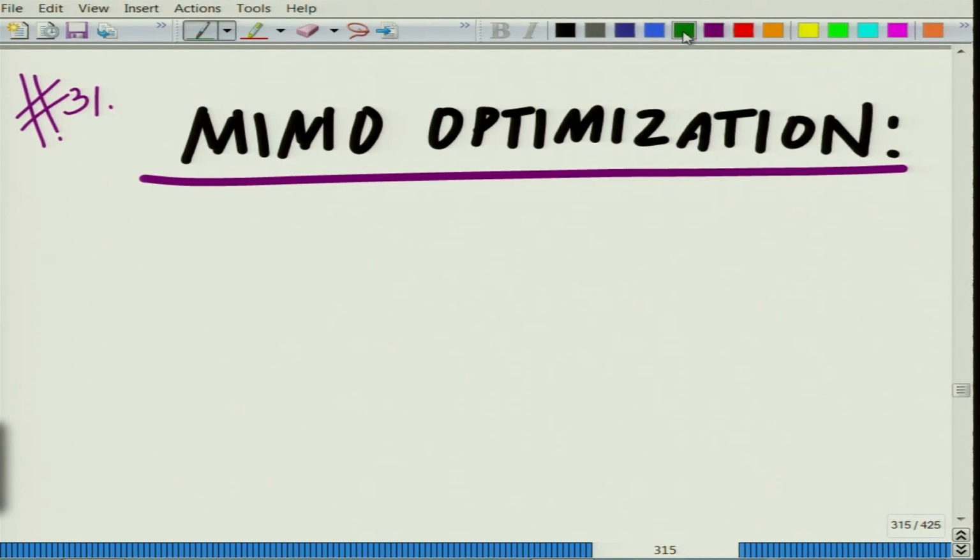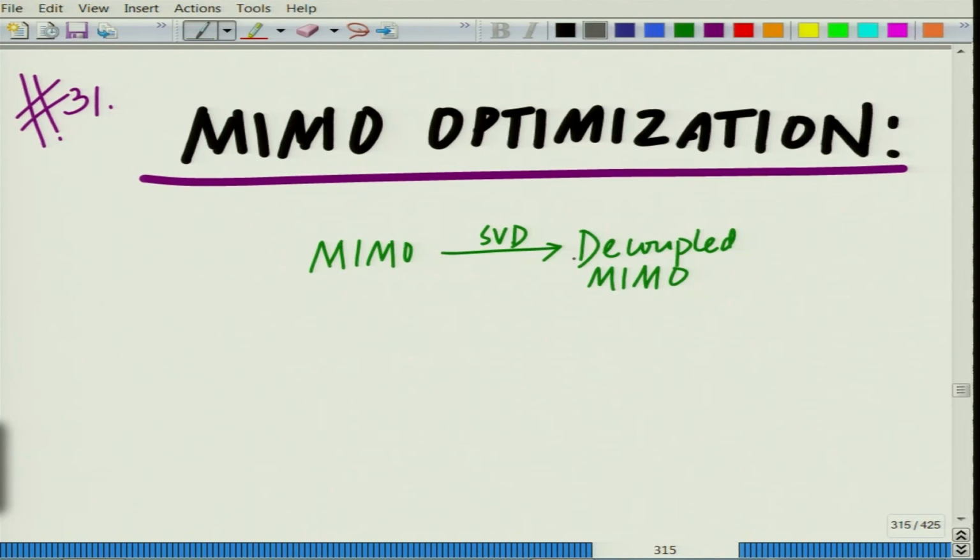And so, what we have seen so far in the previous module is that applying the SVD, you can take the MIMO system. Once you apply the SVD, this becomes your decoupled MIMO comprising of the T parallel channels, right.